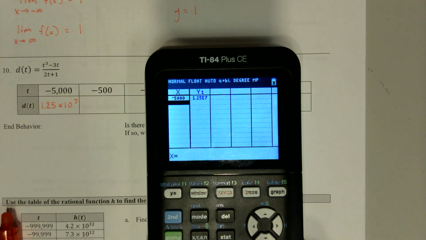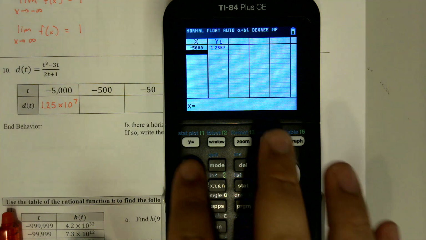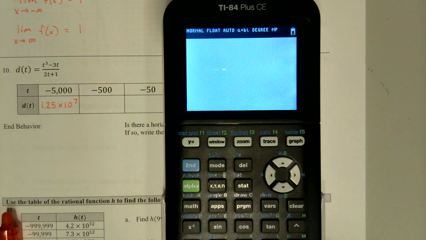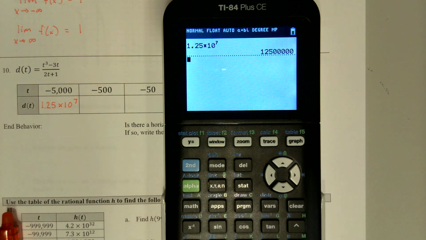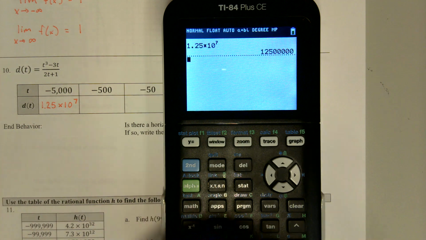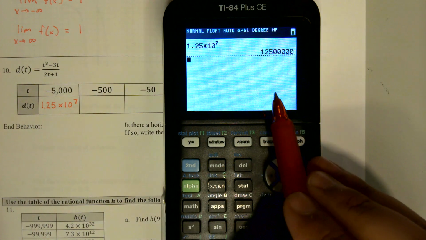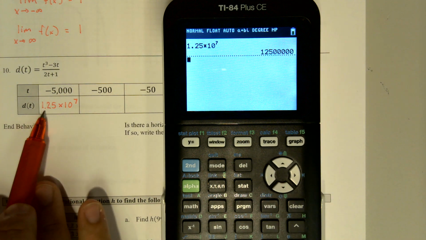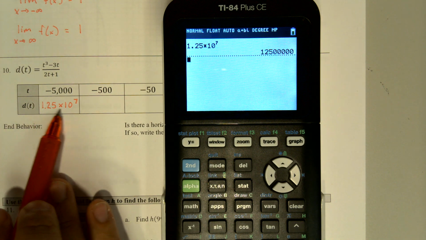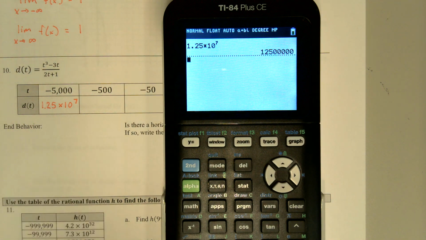What this really means is, if we quit out of this for a second, 1.25 times 10 to the 7th is actually a really big number. That is 12.5 million. So that's a big number, so don't be confused by that being a decimal there. This is definitely a very large number.